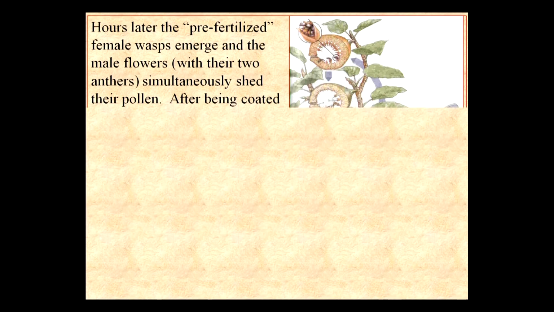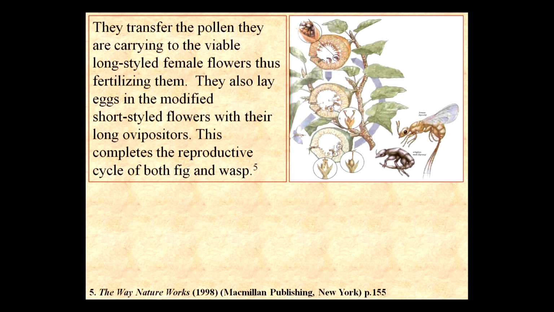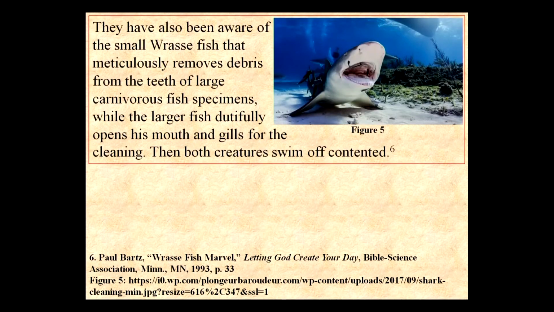She gets inside, lays her eggs. They transfer the pollen they're carrying to the viable long-styled female flowers, thus fertilizing them. They also lay eggs in the modified short-styled flowers with their long ovipositors. This completes the reproductive cycle of both fig and the wasp. How can evolution produce that? It's impossible. It's a beautiful design benefit for all of us.